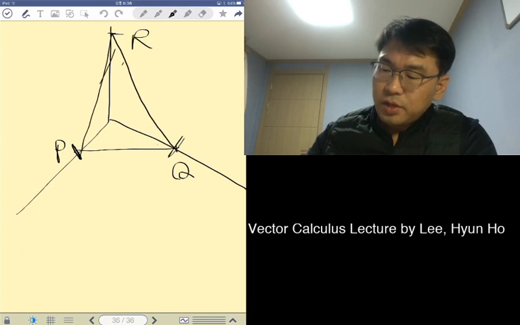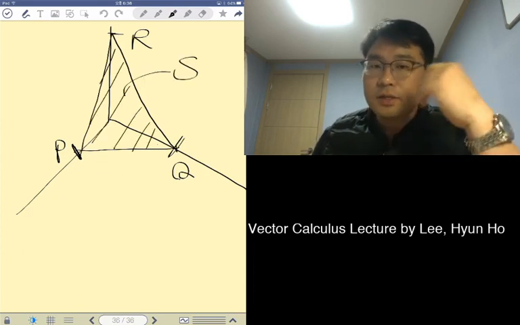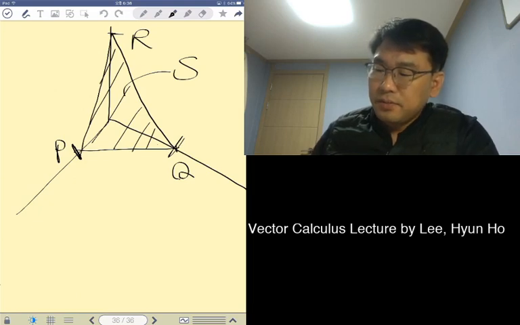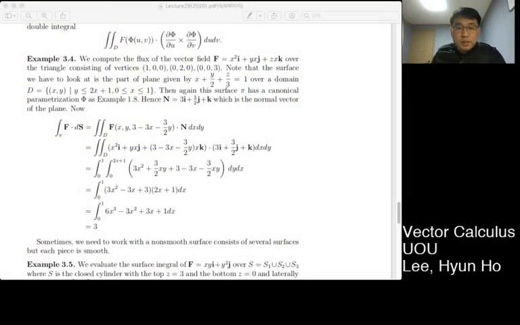This triangle is the surface we are looking at, and the vector field is given. Let's come back: the vector field is x squared i plus xy j plus xz k.